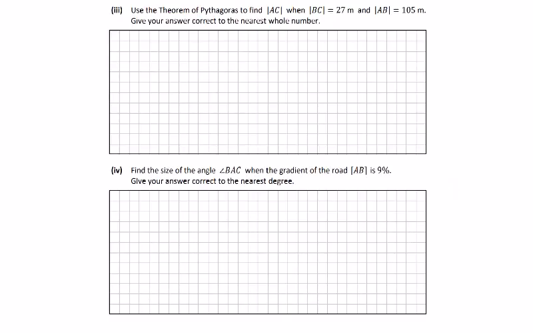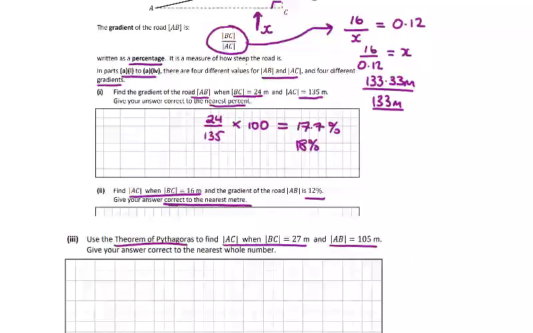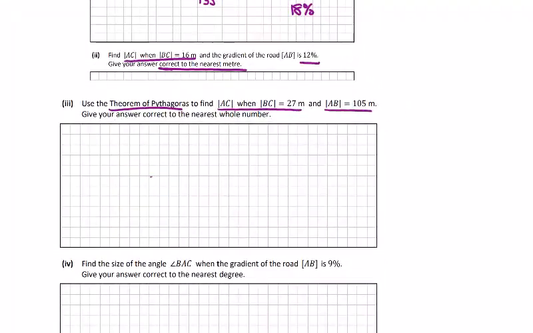Part 3, we're asked to use the theorem of Pythagoras to find AC when BC is 27 and AB is 105. So let's just jot down the triangle ABC. We have AB being the road, C being here. AB is 105. BC is 27.